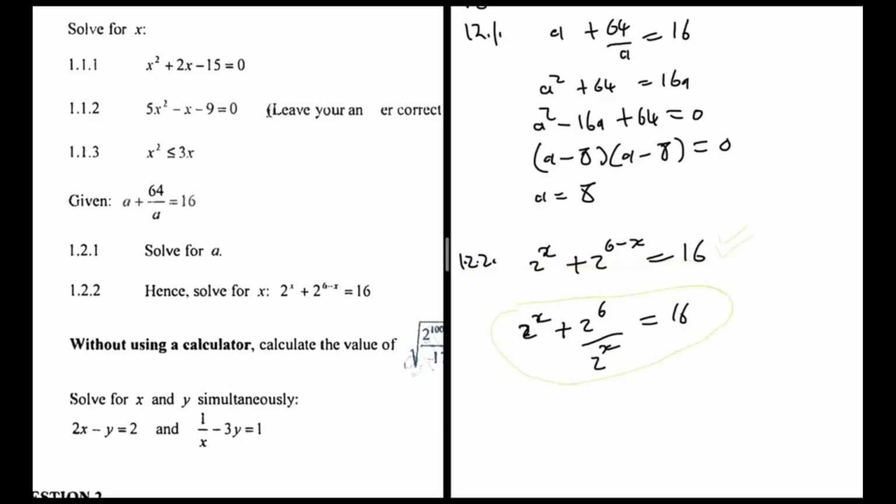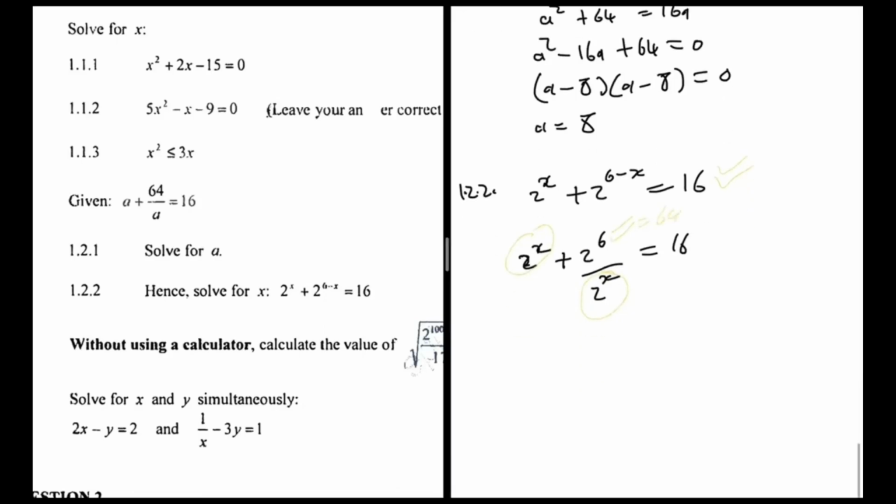So these two things are equal, so we can now solve from here. From 1.2.1, we know that if this term is a and this term is a, then a is supposed to be 8, because 2 to the power of 6 is the same as 64, right?